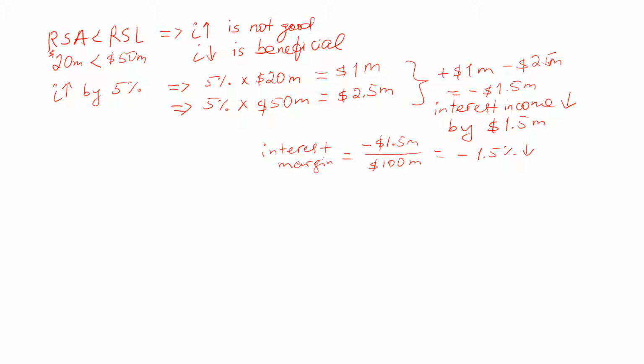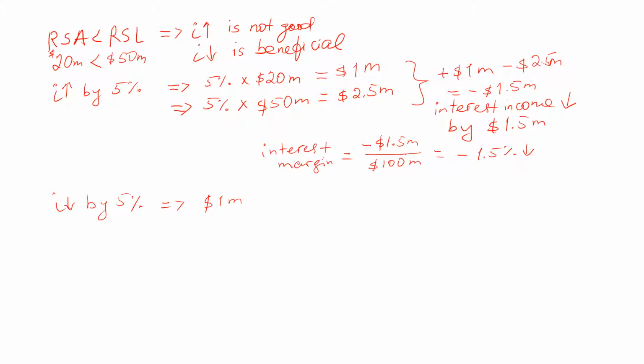Alternatively, when interest rate goes down by 5%, the $1 million that we calculated in the beginning is now presenting itself as $1 million less in interest income that the bank receives.